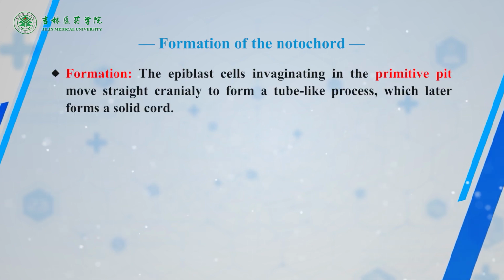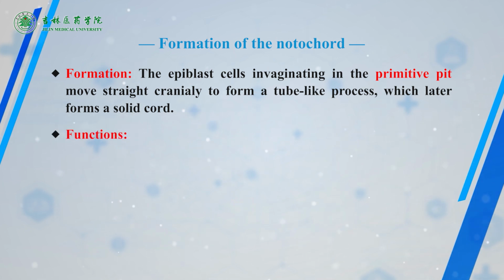The cells proliferating and migrating from the primitive pit to the cranial end form a single mesodermal cell cord between the endoderm and the ectoderm, called the notochord, which plays a certain role as a scaffold in the early embryo.